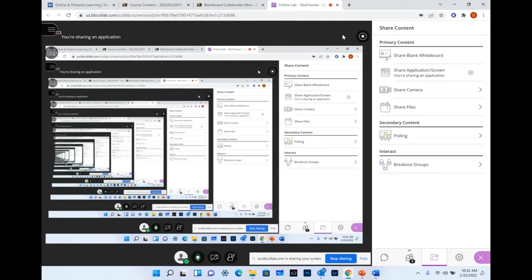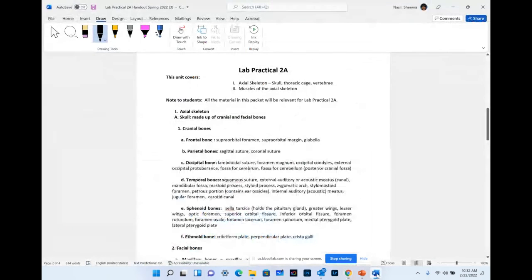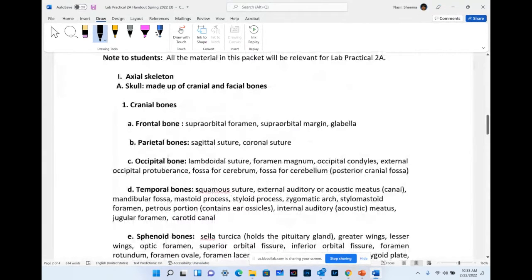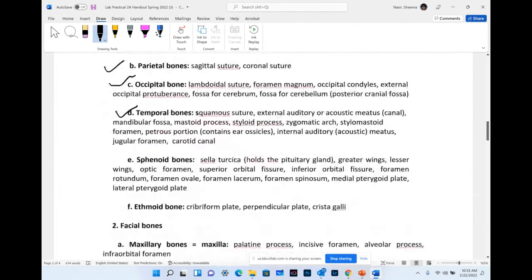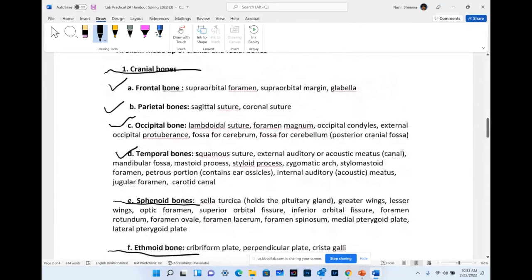Okay, so I am going to open up the handout, and you can see right here on the handout that we did frontal, parietal, occipital, and temporal, and that was under the cranial bones, right? Today we are going to do sphenoid and ethmoid.